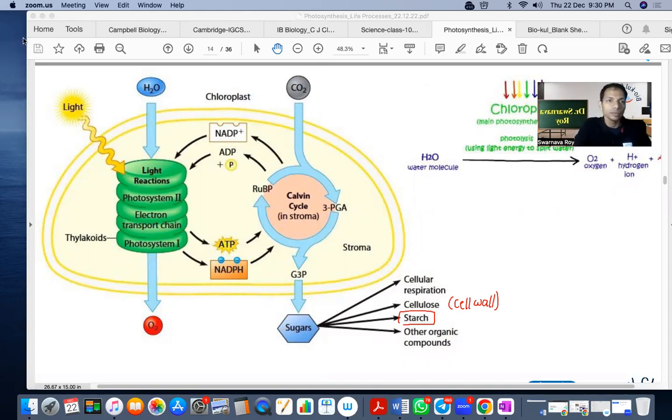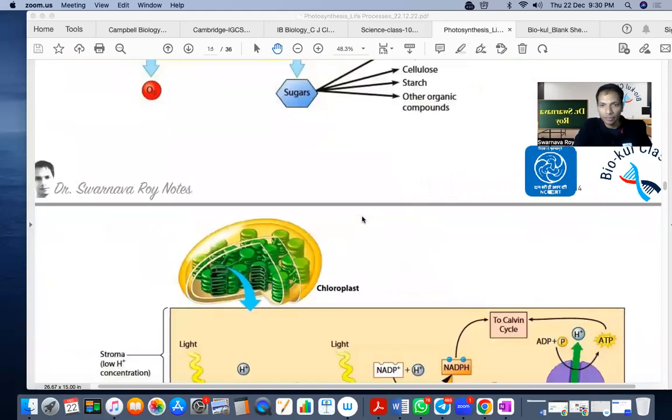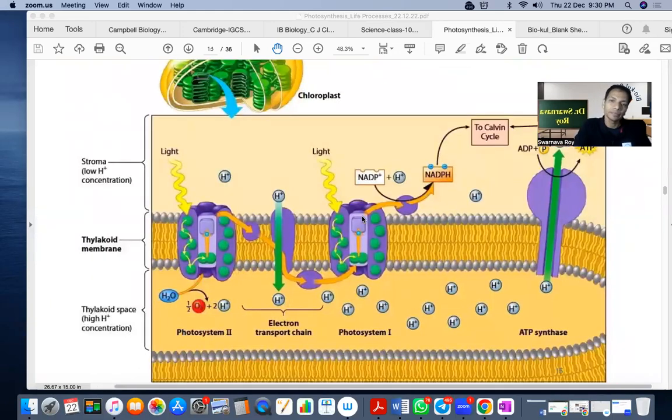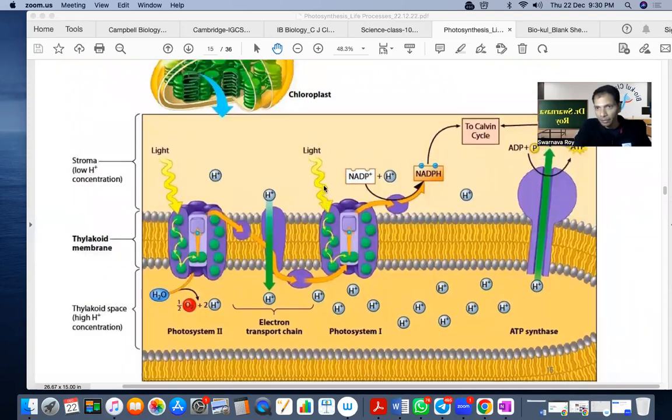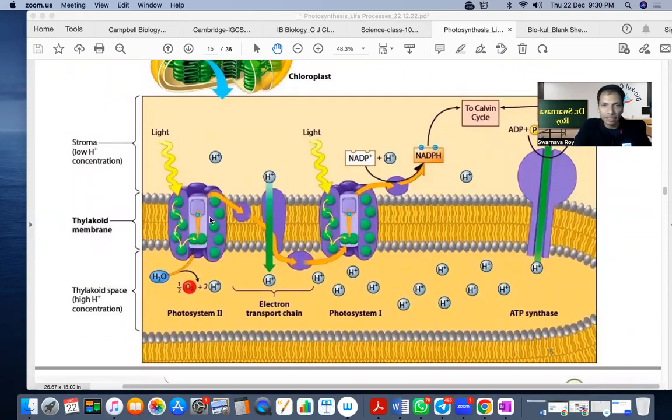So now let's move on to the light reactions. What do we see here? We see the thylakoid membrane and the two photosystems, photosystem 1 and photosystem 2. A lot of students might be wondering why photosystem 2 is placed before photosystem 1.